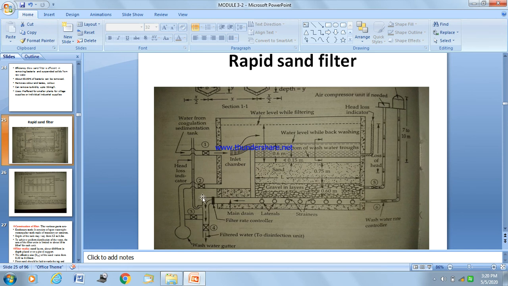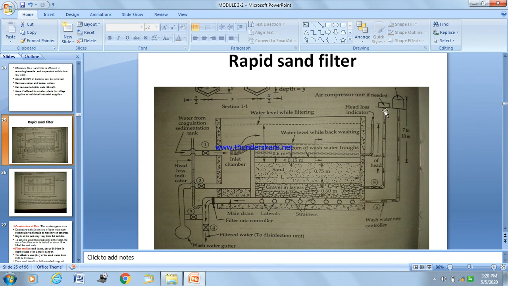The fourth valve is open, so the filtered water moves out. If you need backwashing, you first close valves 1, 2, 3 and 4, and only 5 and 6 will be open.